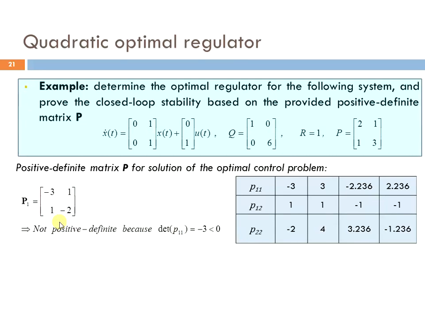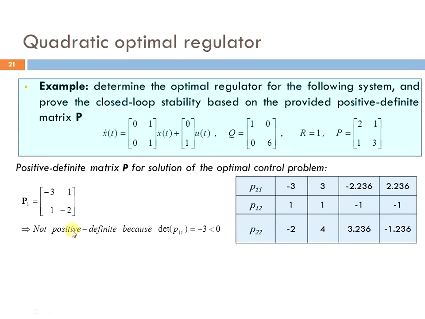Okay, so the leading principal minors are given by looking at the diagonal and starting with the first term. So this is the first leading principal minor obtained by getting rid of this column and this row. The next leading principal minor would be the entire matrix.